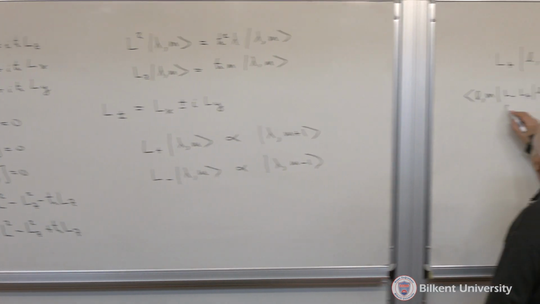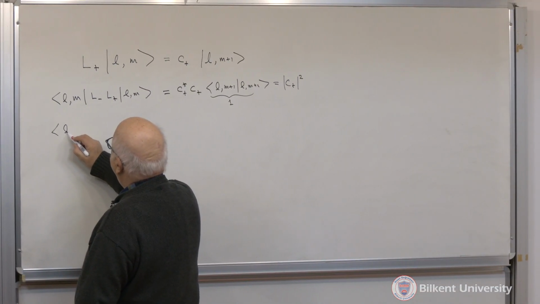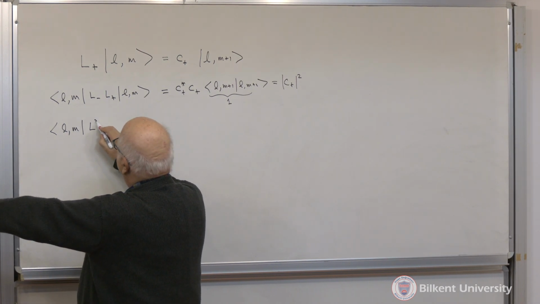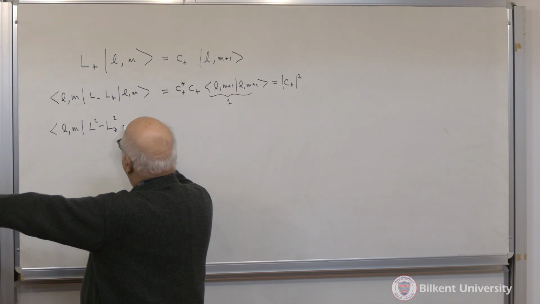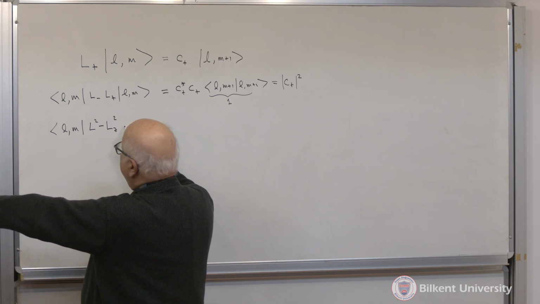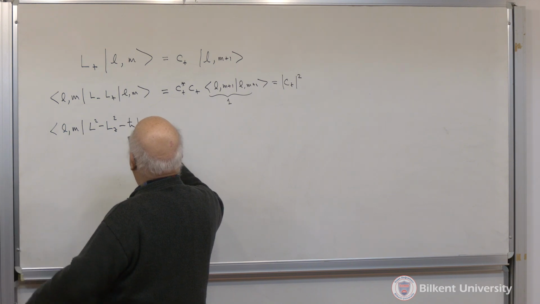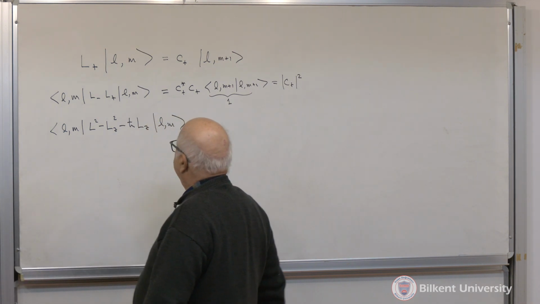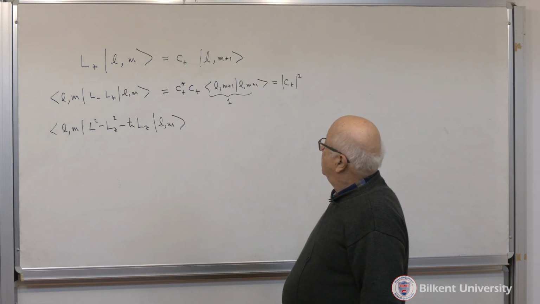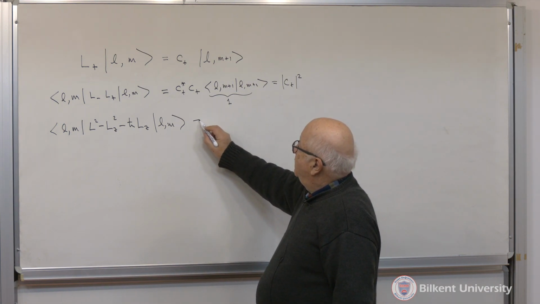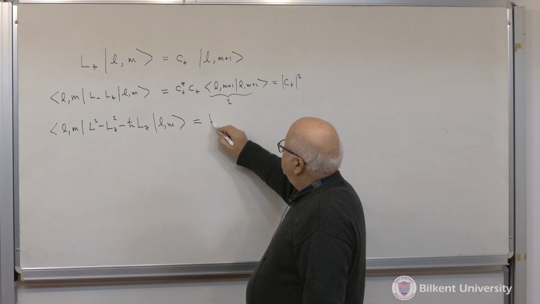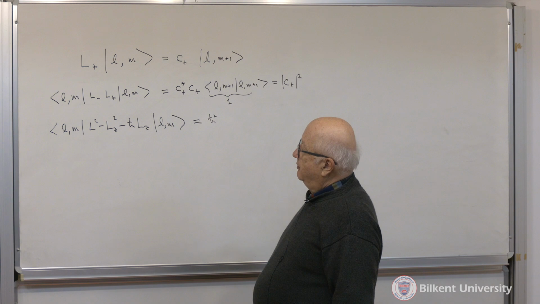So this thing here in the middle is going to be L minus L plus, which equals L squared minus L z squared minus h bar L z. So that's going to be equal to, just as we did earlier, h bar squared, right?